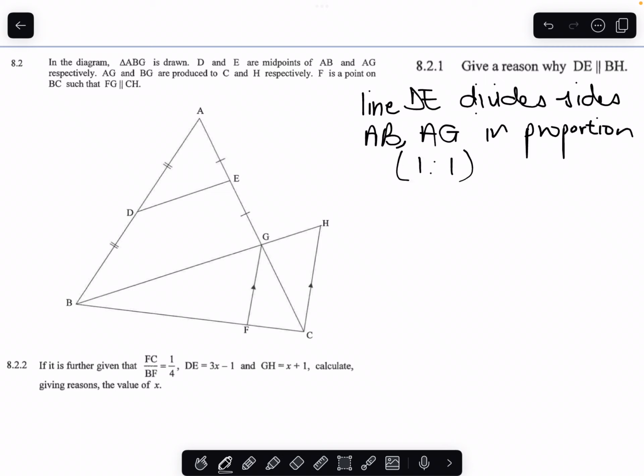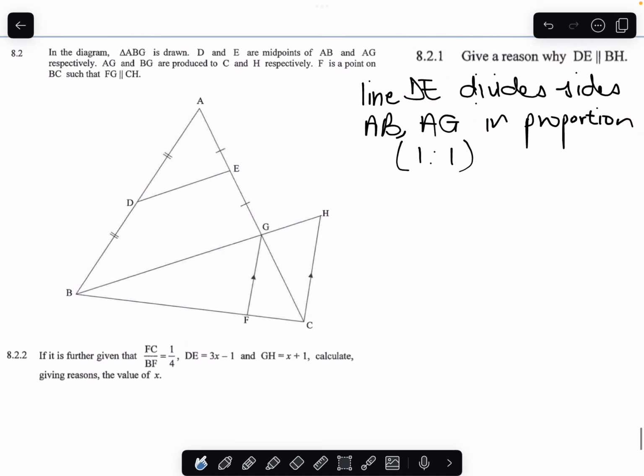I'm just being extra there, but yes, line DE divides the sides AB and AG in proportion. And so we now have that these are parallel.